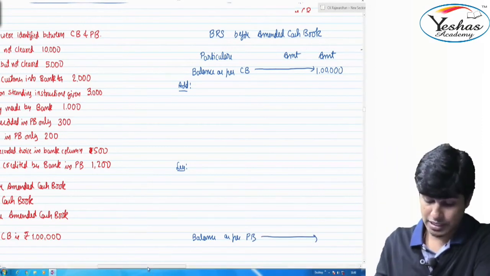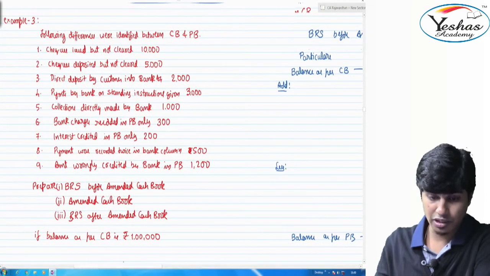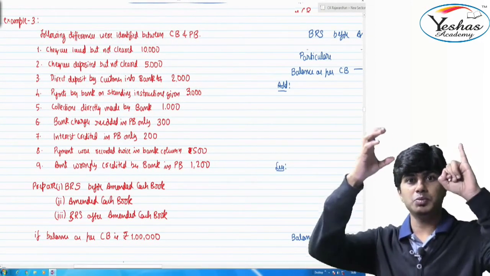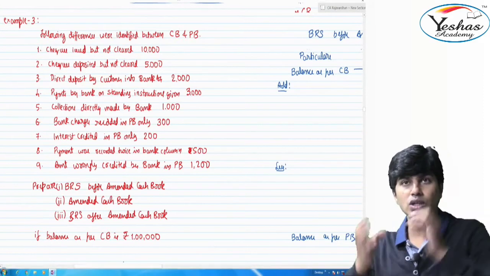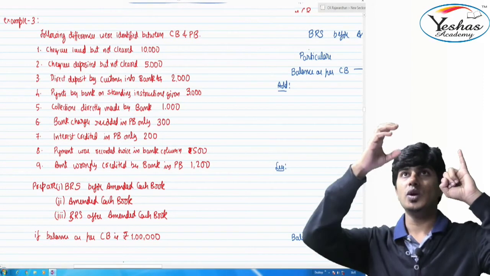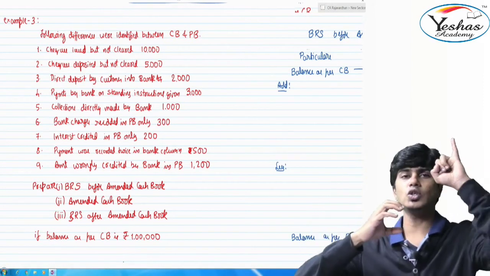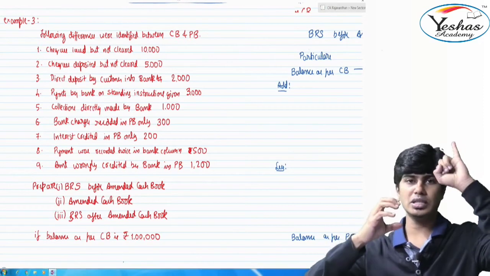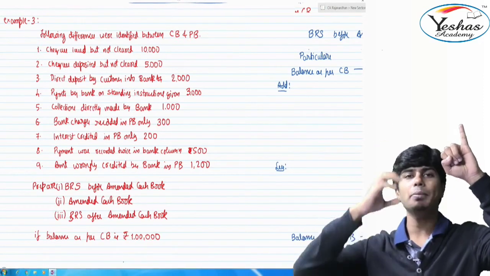Okay, come on, let us start each adjustment one after the other. Checks issued but not cleared. When a check is issued, cash book decreases. It is not cleared, so passbook has not decreased. Can you see the P? No. In order to see the P, either you have to take the C up or bring the P down.